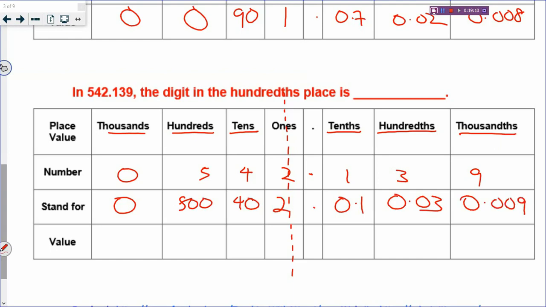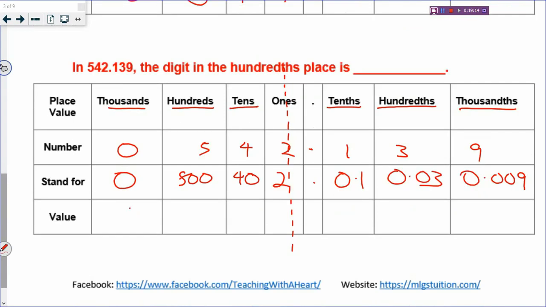Alright? Okay, so how about value? What is the value of the digit 0 in the thousands place? Nothing. Alright, 0. How about the value of the digit 5? That will be 500. And the value of the digit 4, 40. What is the value of the digit 2? That will be 2. 2 ones, 2. And what is the value of the digit 1 in the tenths place? That is 0.1.